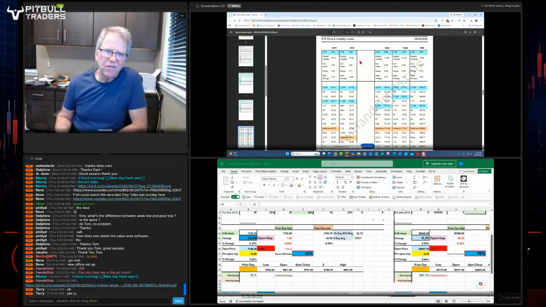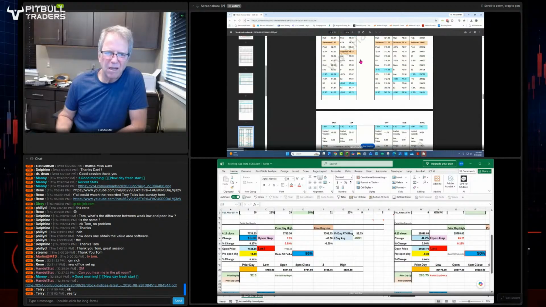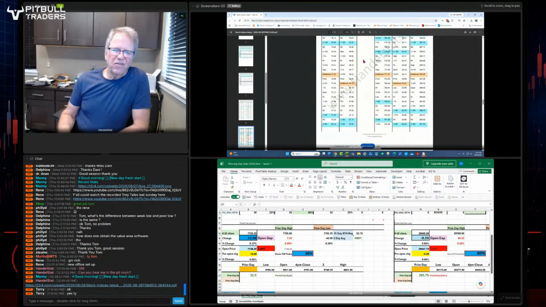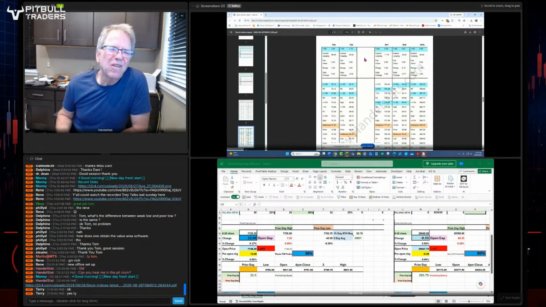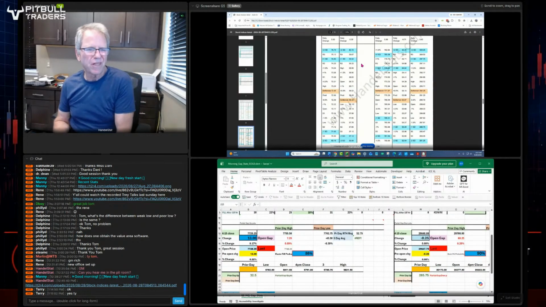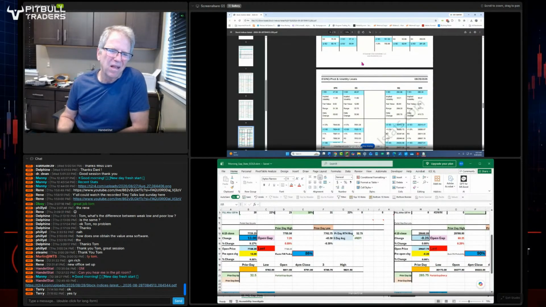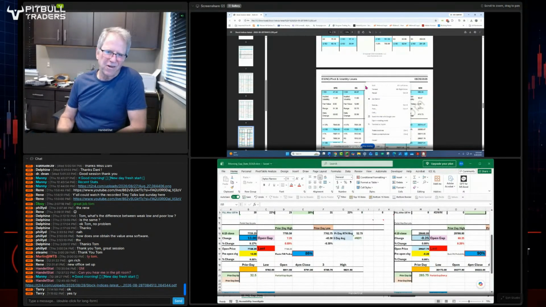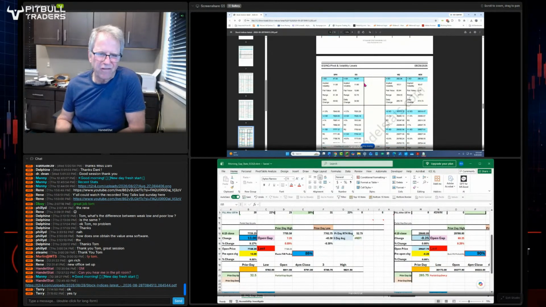And these are the order of the support and resistance with everything combined into these pivot and volatility levels. So this sheet here, this is page 10.